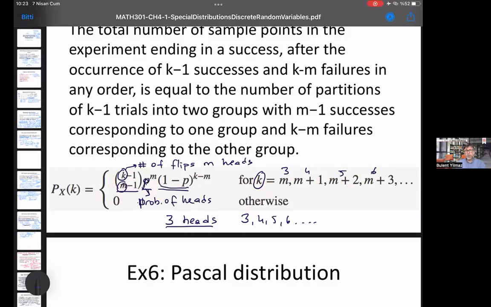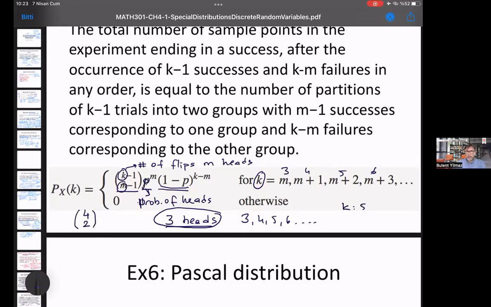Do you understand this formulation, guys? It's a little bit tricky. For example, you want to obtain 3 heads, and you are now at the 5th flip, so k is 5. What did you get? Until now, you have 4 flips, and 2 of them were heads.